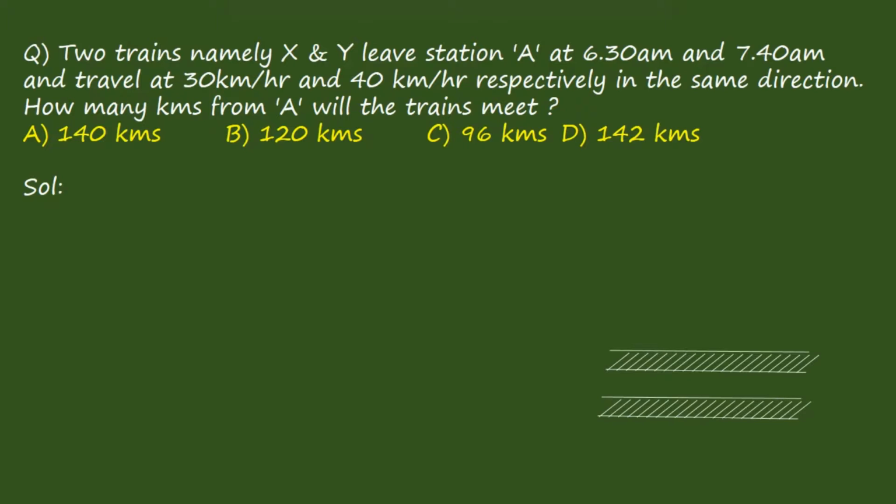First we need to understand the question. They are saying that there are two trains, X and Y. Consider two trains X and Y leaving a station A at 6:30 a.m. and 7:40 a.m., both a.m. They travel at 30 kilometers per hour and 40 kilometers per hour, so the speeds are 30 and 40 kilometers per hour.